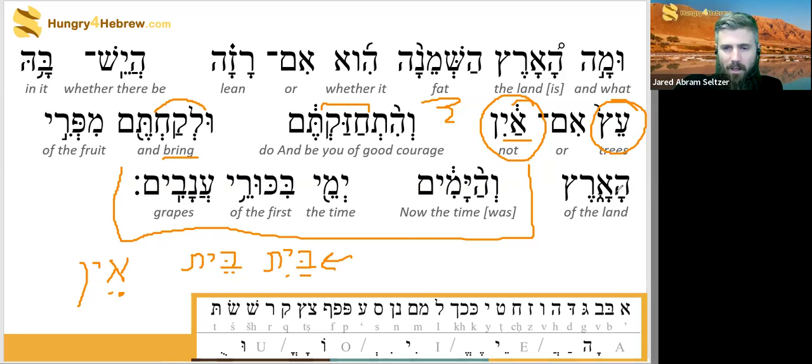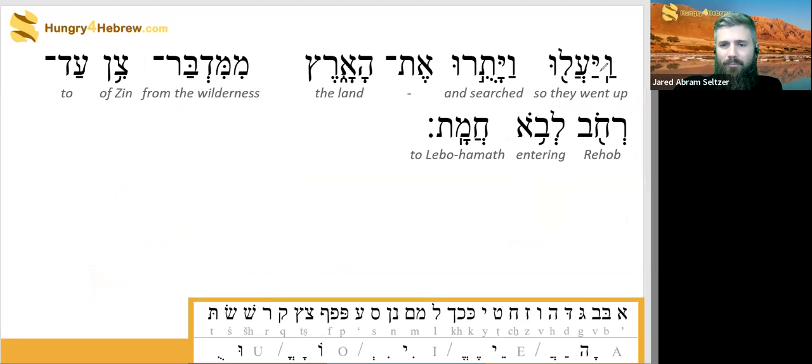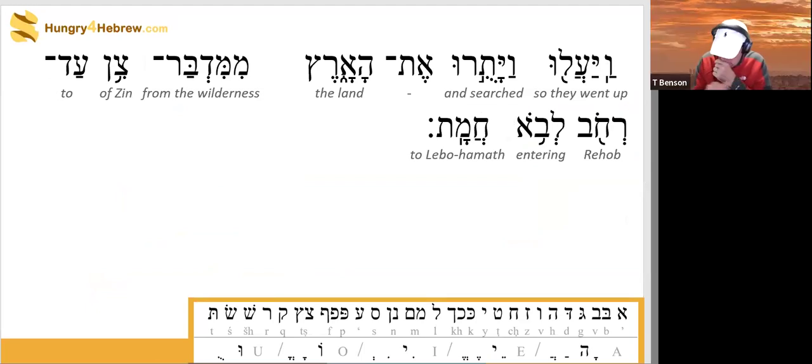Mipri, from the fruit of haaretz, the land. Why? Because those days were the days of the first fruits of grapes. Well, that kind of gives us a little bit of a timeline on when they came into the land, whenever the grapes ripen.